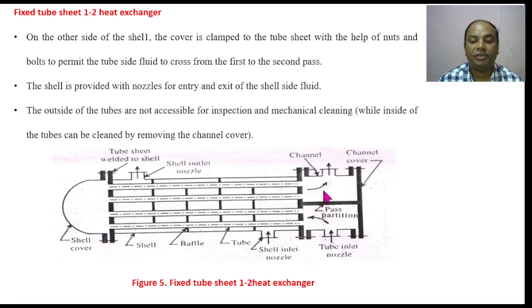You can take this channel cover out and clean the tubes from inside with a brush or anything else. But outside cleaning of the tubes is not possible, because the tube bundles cannot be dismantled from the shell so that cleaning could be done.